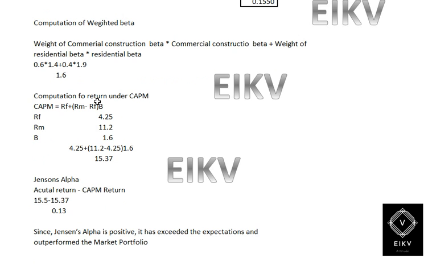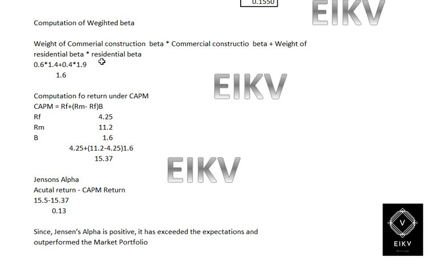Now we can compute the CAPM. For the computation of Jensen's alpha, the Jensen's alpha is the difference between the actual return minus the CAPM return. So for that, we need to compute CAPM, and for the computation of CAPM, we need beta.